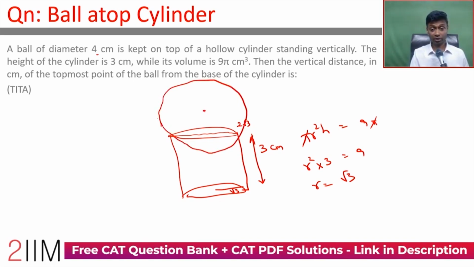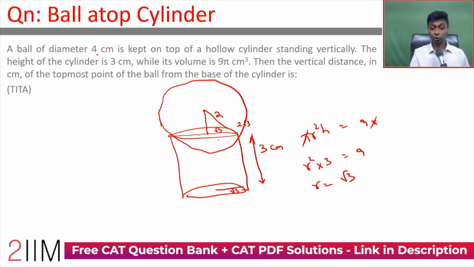Now think about this. From the center of the ball, draw a line to this point, the midpoint. The diameter is 4, so this is 2. This is root 3.